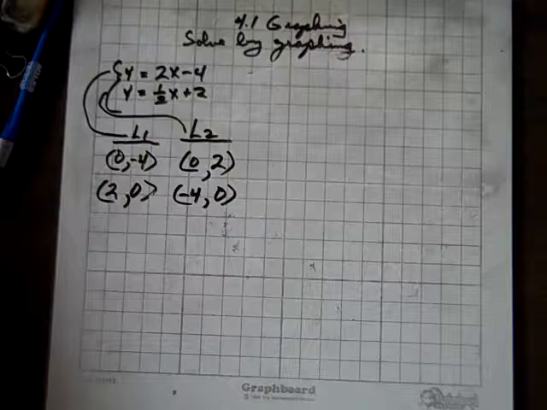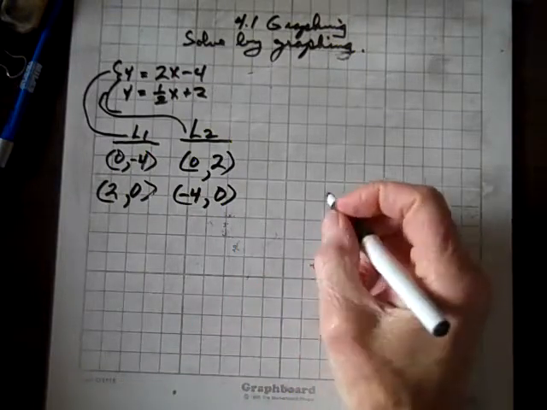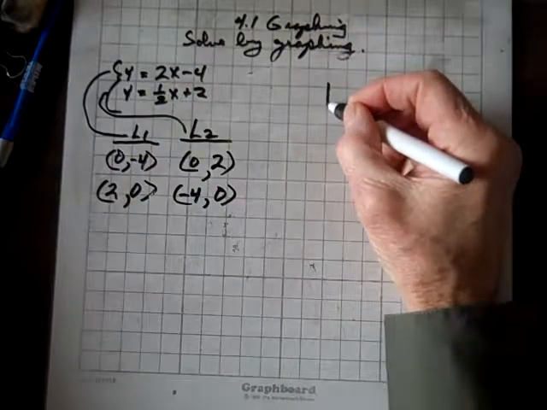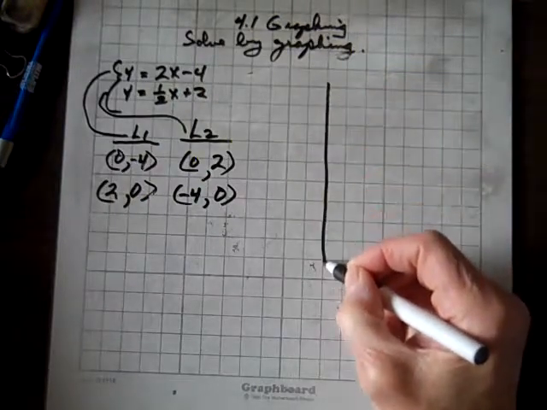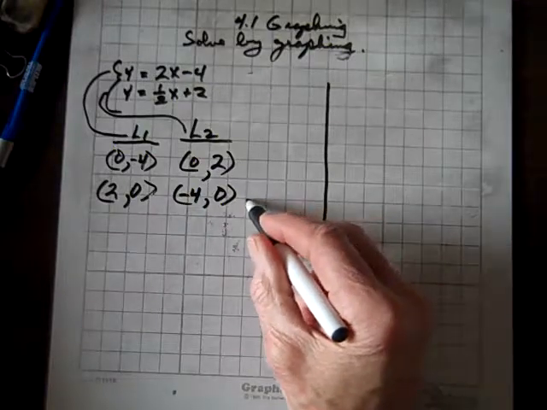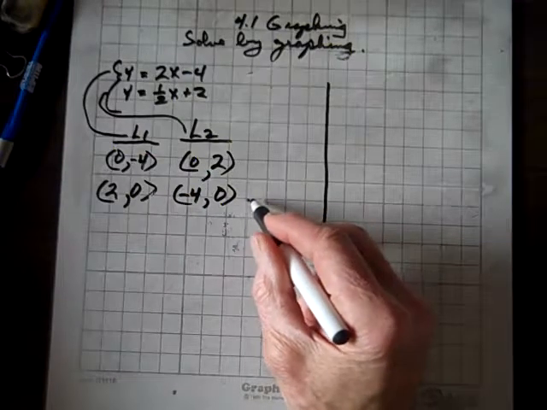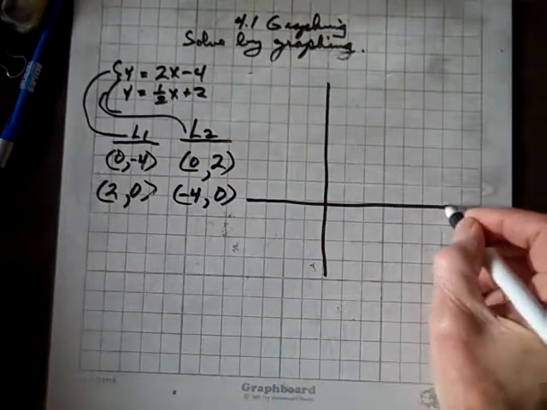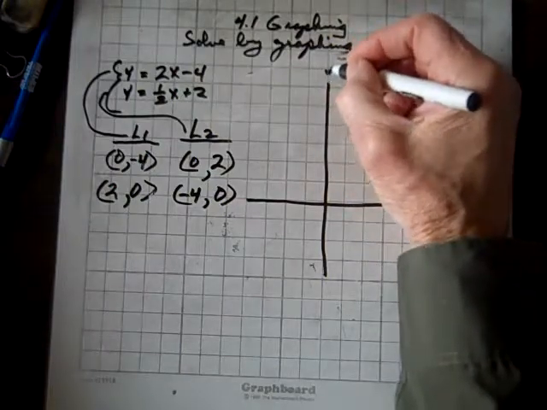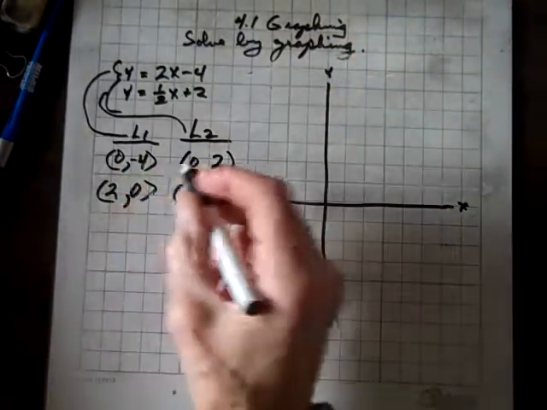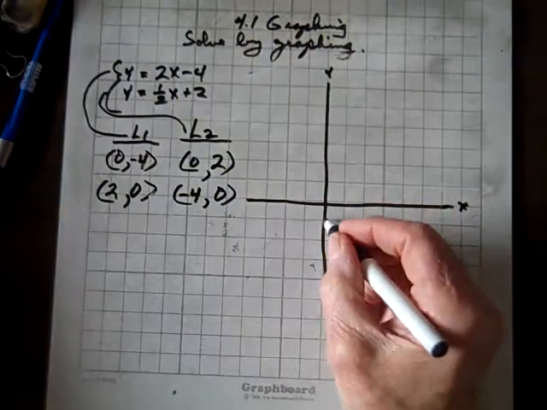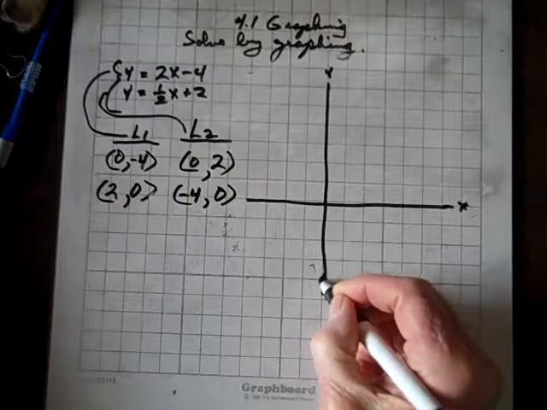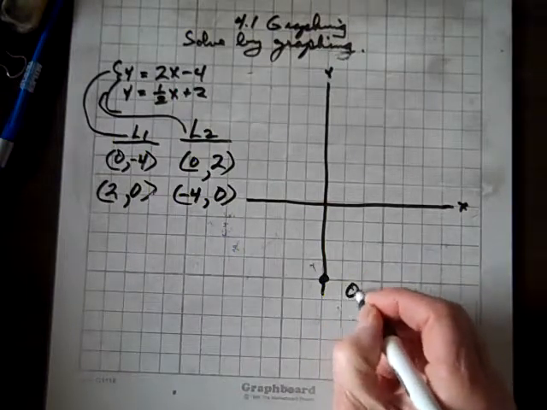Let's go ahead and graph this thing. We'll call this the y-axis, and we'll call this the x-axis. Now we'll graph points. We're at 0, negative 4, so 0, 1, 2, 3, 4. 0, negative 4.